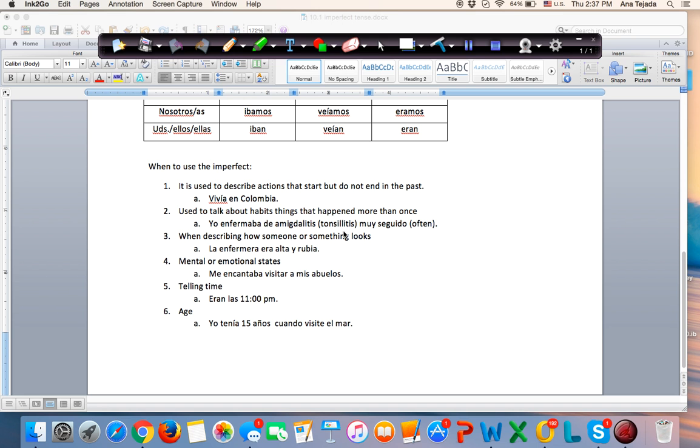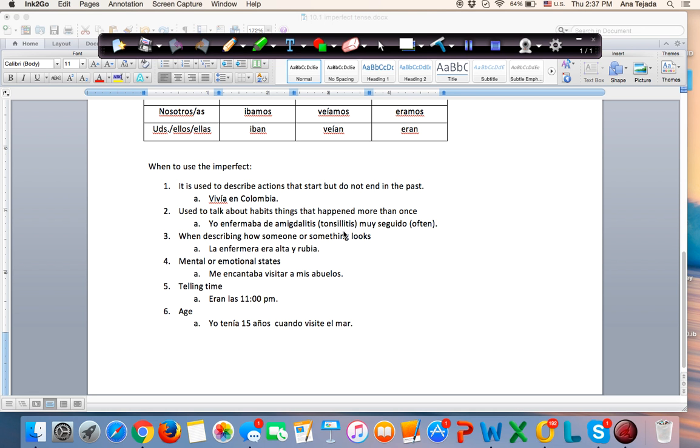You see, we're talking about someone that used to get sick often, that it wasn't like a one unique event. If it was a one unique event, that's when we use preterite. But since this is something that happened on a regular basis, more than once, we're going to use the imperfect.